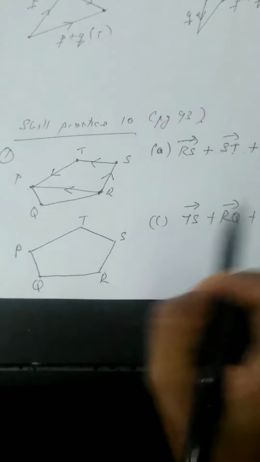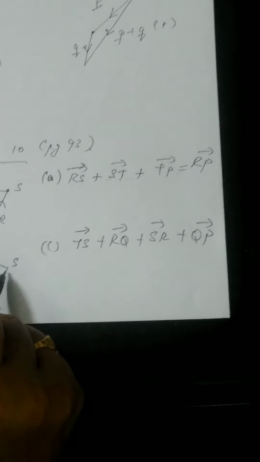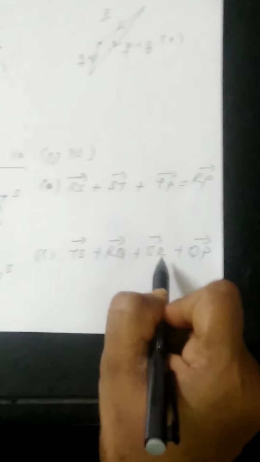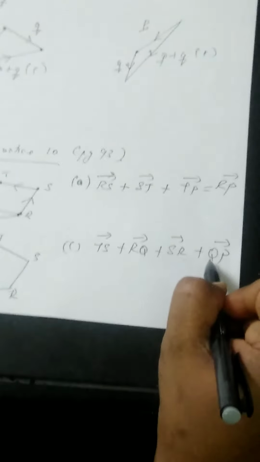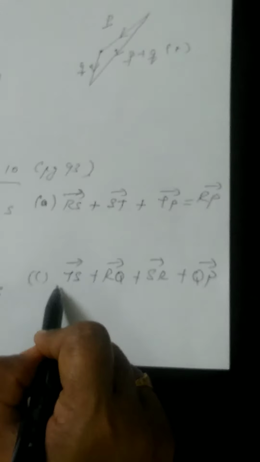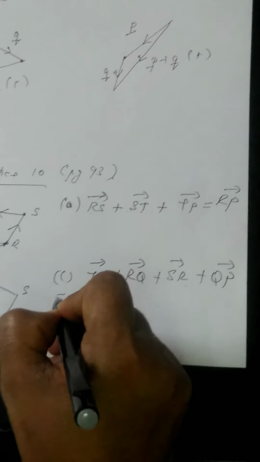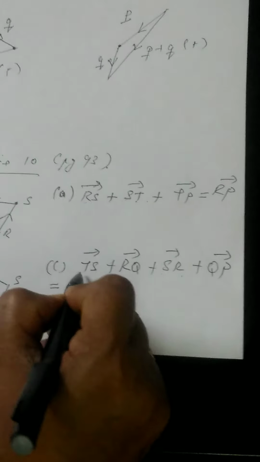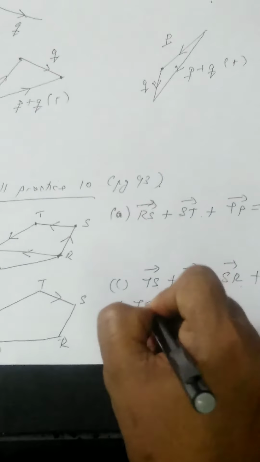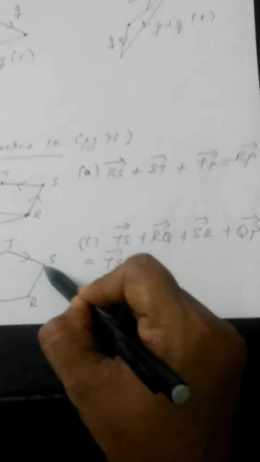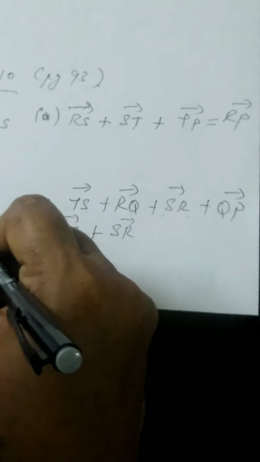Another question similar to this. Let's say I've got vector TS, TS is here, RQ, RQ is here, SR, and QP. If you notice, these vectors are not written in order, so I will rearrange them. We start with TS, plus after TS, I move to SR. We want a flow of the vectors.